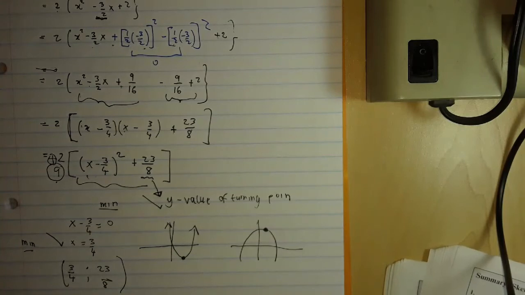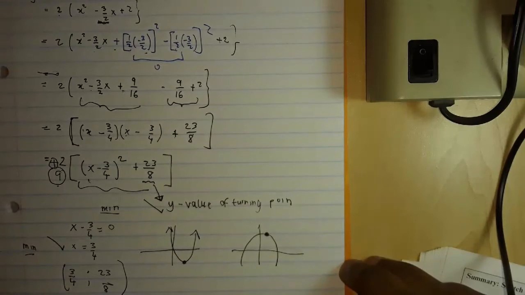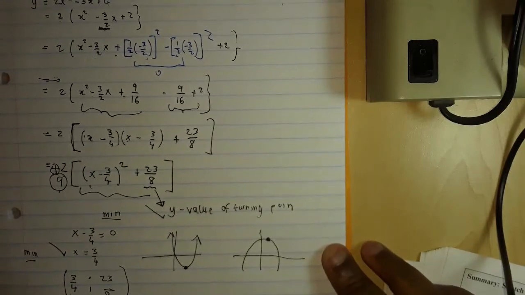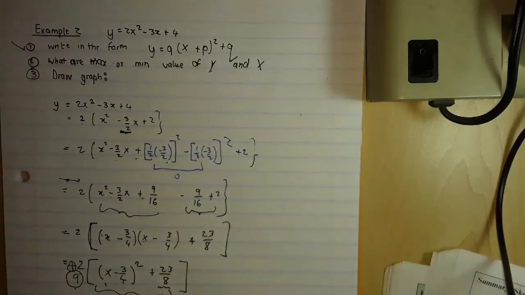So now remember the question asked us to draw. In order to draw this, we already know what the coordinates of the turning point are. We would go back to this equation and use the method we used previously to determine the other values of the graph.